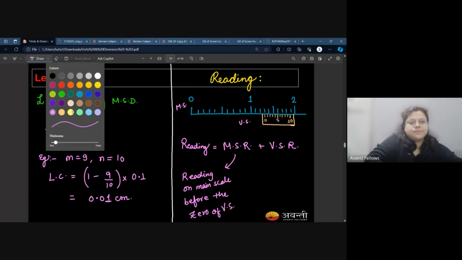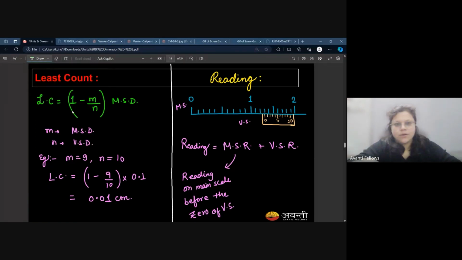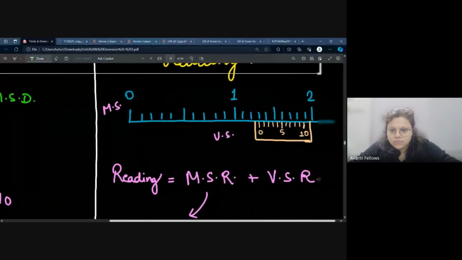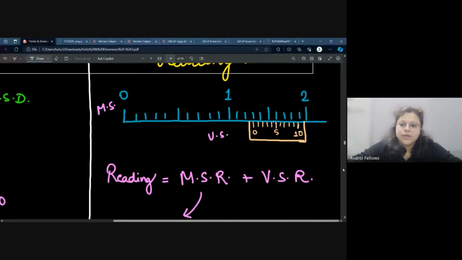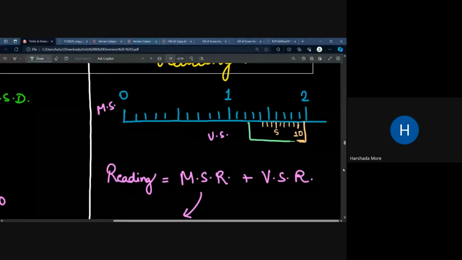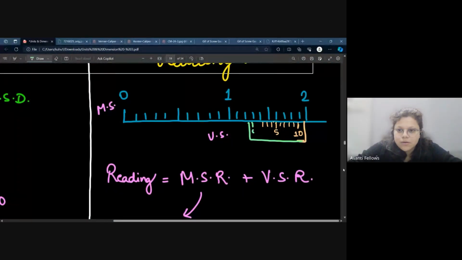Just wait a minute, let me zoom in. Okay, can you see it? The 0 of the vernier scale is over here, right? This is the 0. Okay, the 0 is here, and then we have a few more divisions.